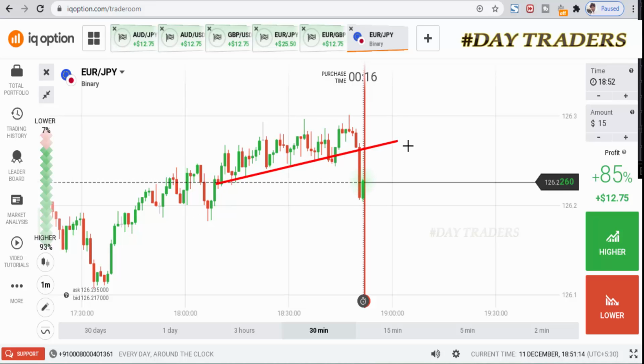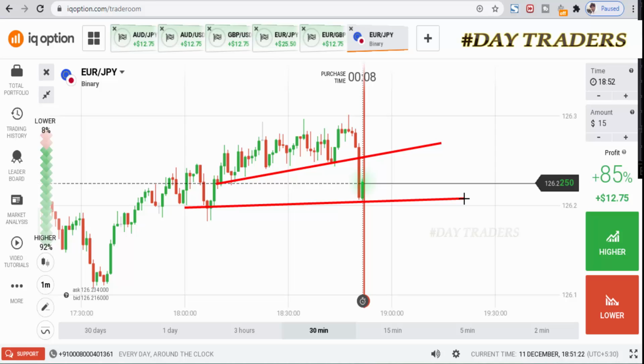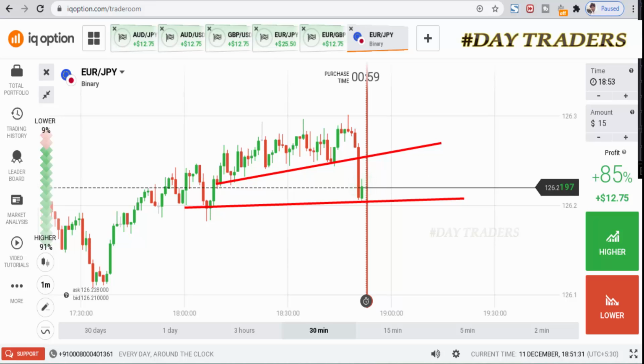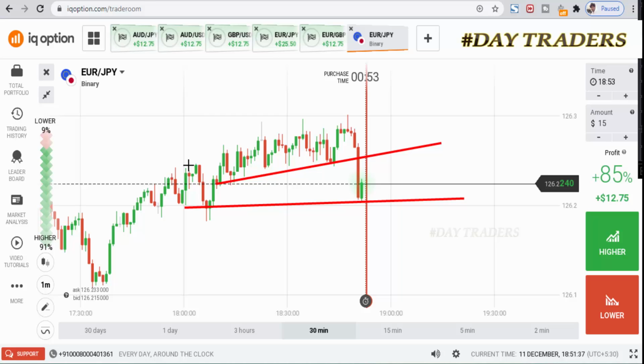This type of candle does not follow the support and resistance level. There is a buyer's entry point. Okay, after this candle I will try to place a trade. There is a minor level.